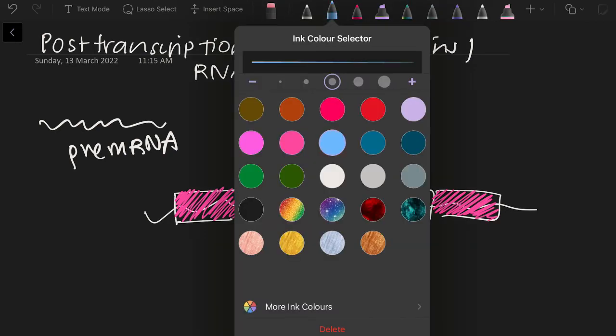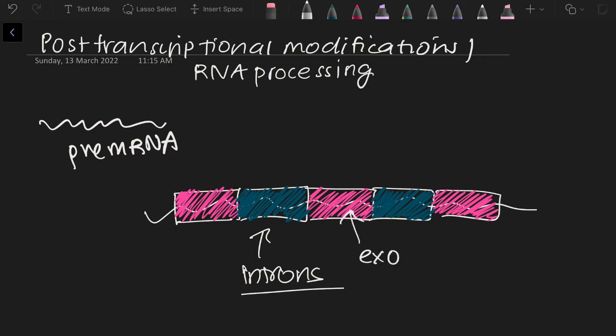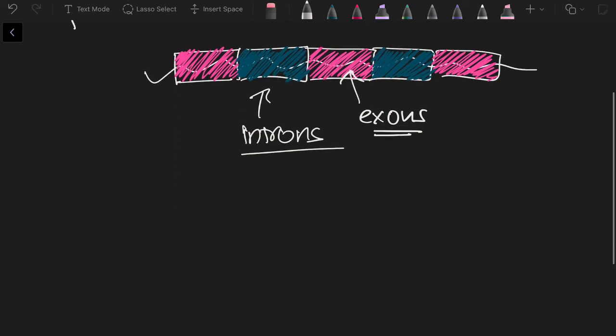For example, if I label the introns with a darker color, these are your non-coding regions that are not involved in translation, so they do not code for specific proteins, and these are your exons, which are coding regions that actually do code for specific amino acids and are hence involved in the protein synthesis process.